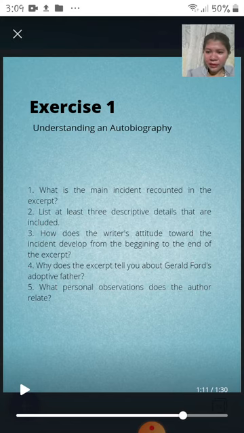Number 2, list at least 3 descriptive details that are included. Next, how does the writer's attitude toward the incident develop from the beginning to the end of the excerpt? Fourth, why does the excerpt tell you about Gerald Ford's adoptive father? And the fifth, what personal observations does the author relate?